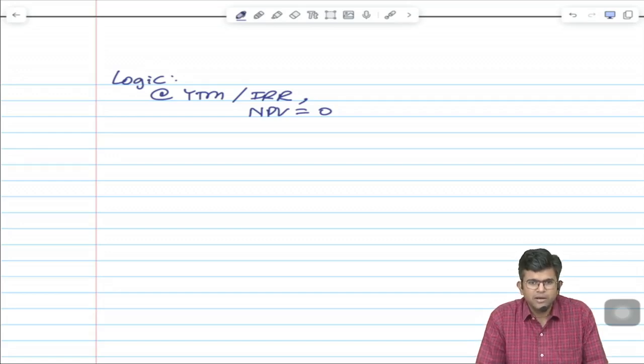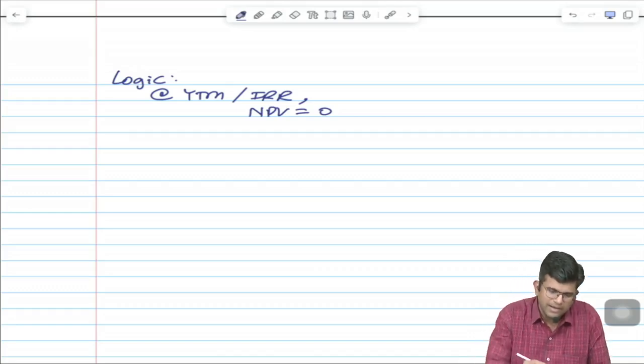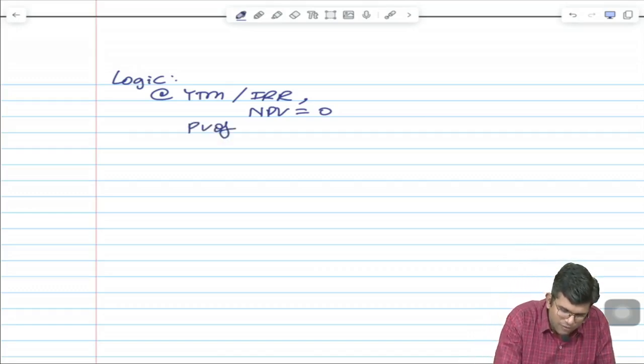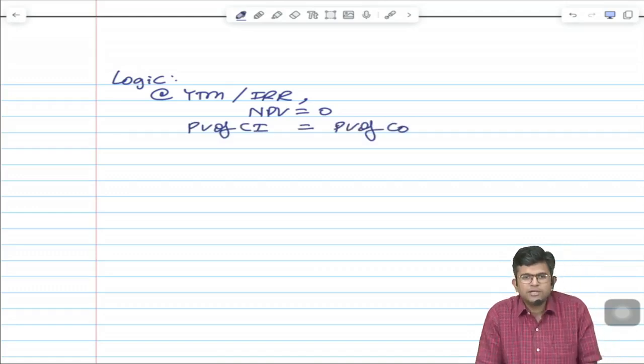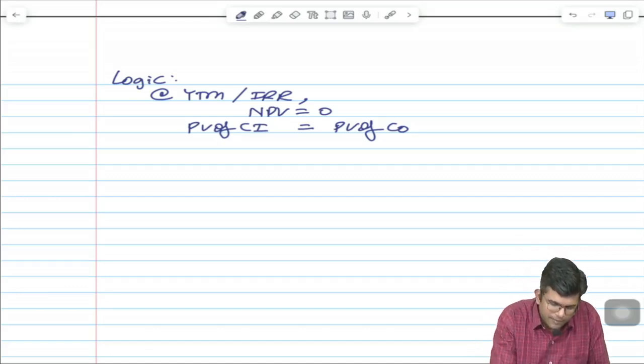Riddhi, clear? Net present value equals 0. Now, for NPV to be 0, present value of cash inflows should be equal to present value of cash outflows. Are you all agreeing?